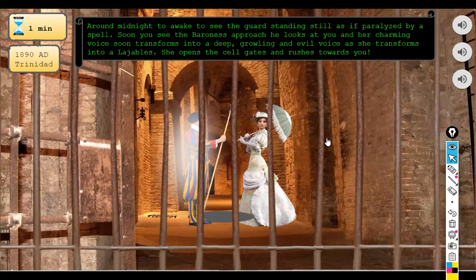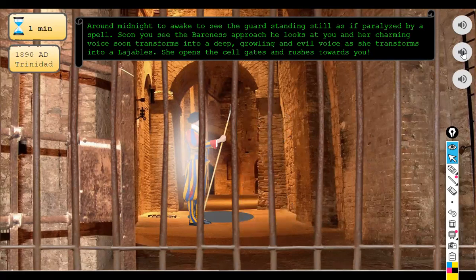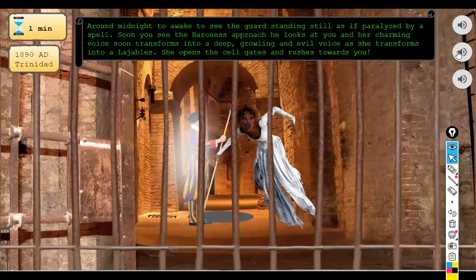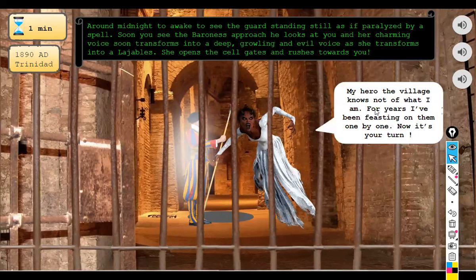And then she transforms into her true self. So she removes the... all right, so she's been feasting on the people in the village for years. All right, probably didn't have a KFC back then. All right.